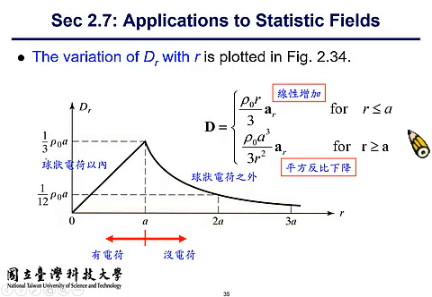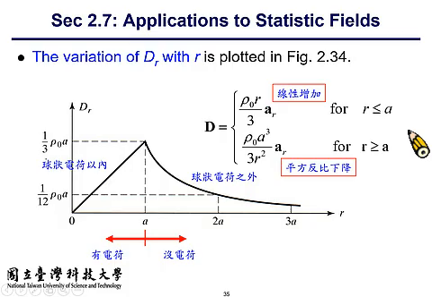This slide shows the solution graphically. As you can see here, the problem can be decomposed into two sections. One is where the observation point is inside the charge sphere. In that case, the electrical flux density is linearly proportional to the distance r.